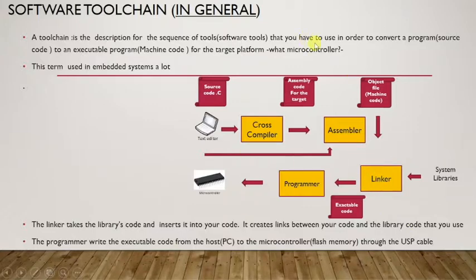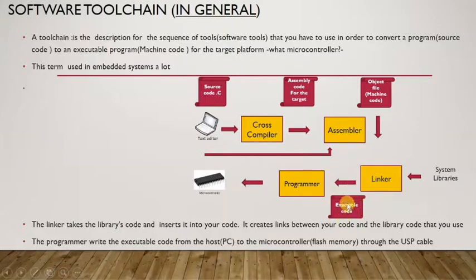This is all inside. The programmer doesn't know what happens inside, but when you click the compile or the upload button, it all happens. You will convert from source code to assembly code, then from assembly code to machine code. Then you must link your machine code to the system library. Then finally you will get the executable code.